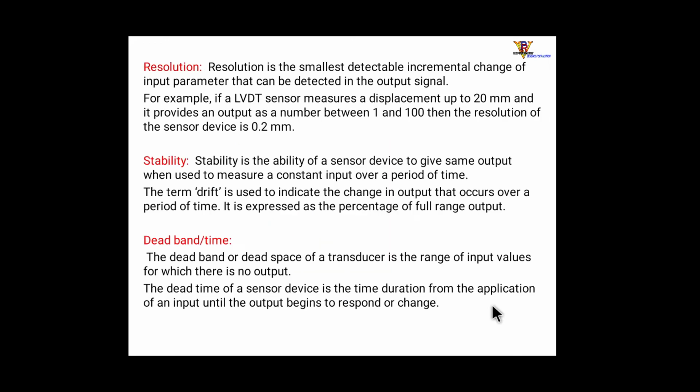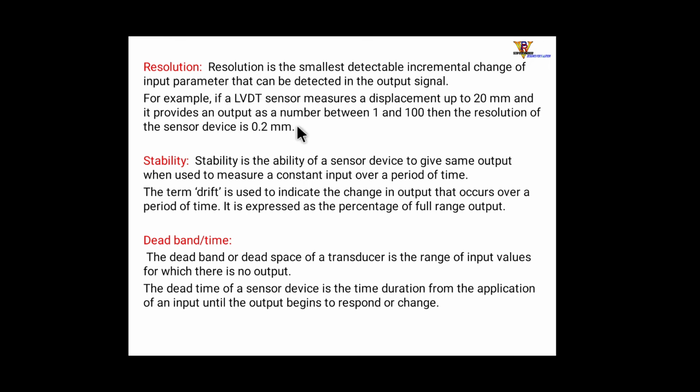The next specification for a sensor is the resolution. Resolution is the smallest detectable incremental change of input parameters. It means a sensor can detect the smallest incremental change in the output signal.